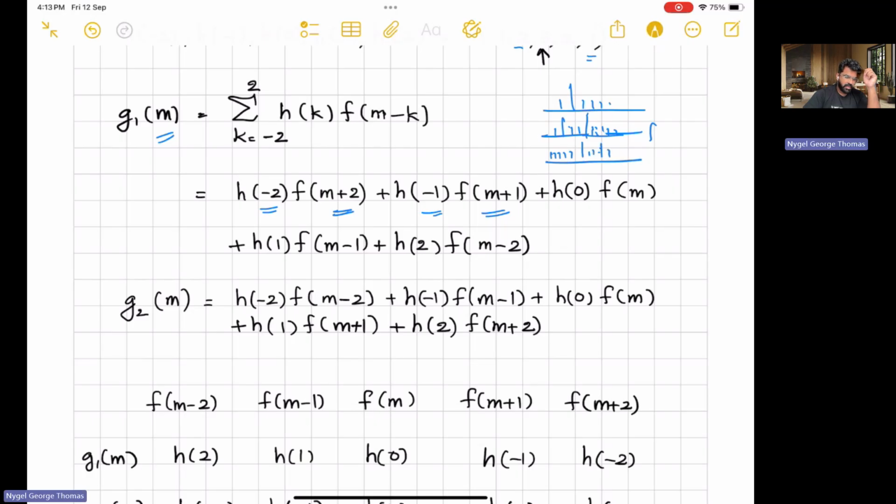Then f of m will become f of minus m. The second thing is that we are shifting it by a few values, by the value of k. So it's inverting, shifting, and multiplying with individual terms. That is how we do convolution.